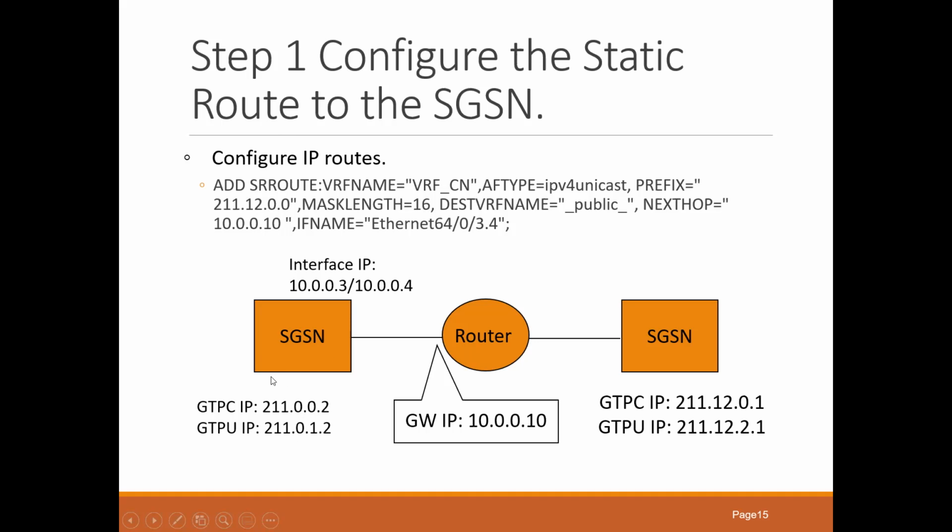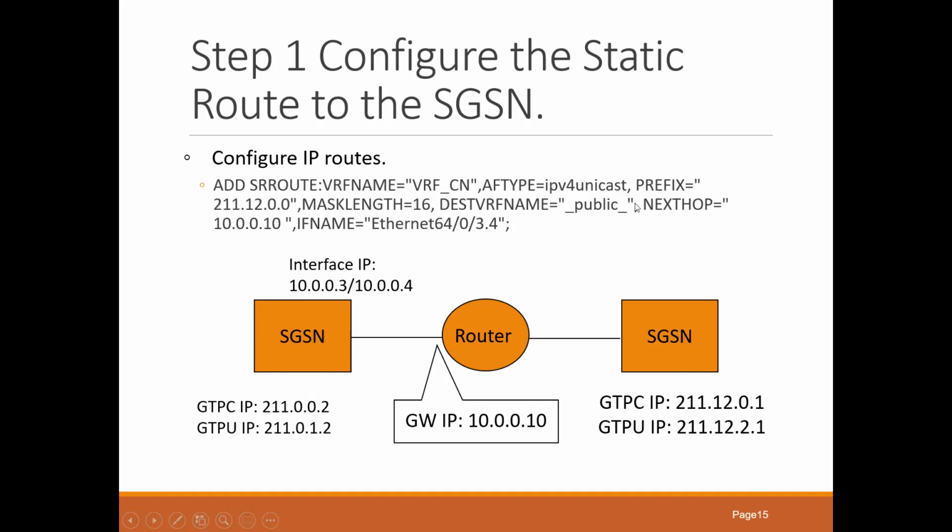But since 211.0 is the common prefix, we can use the prefix option. And then the mask length is going to be 16 to specify that all the IPs corresponding with 0 onwards are going to be statically routed towards this IP address.